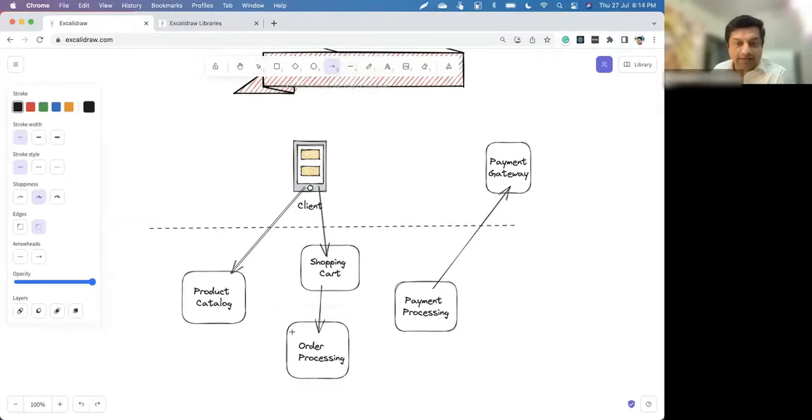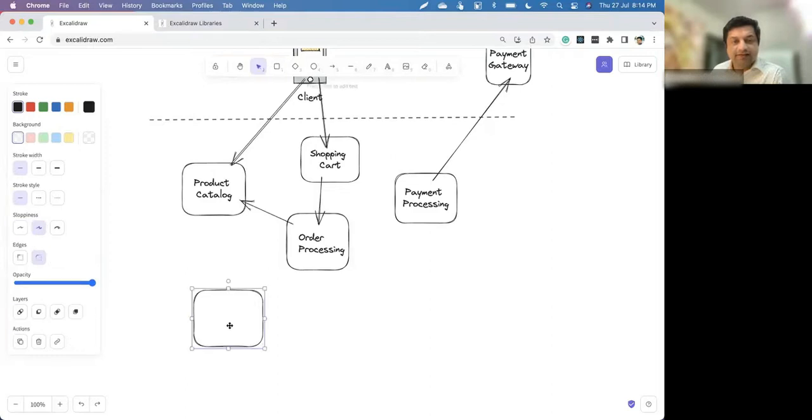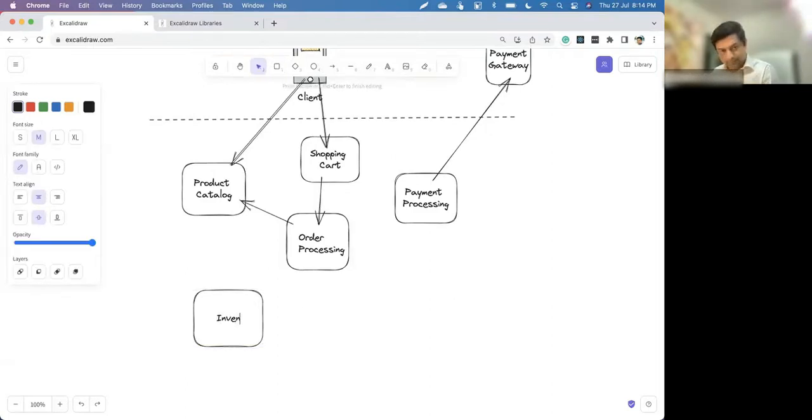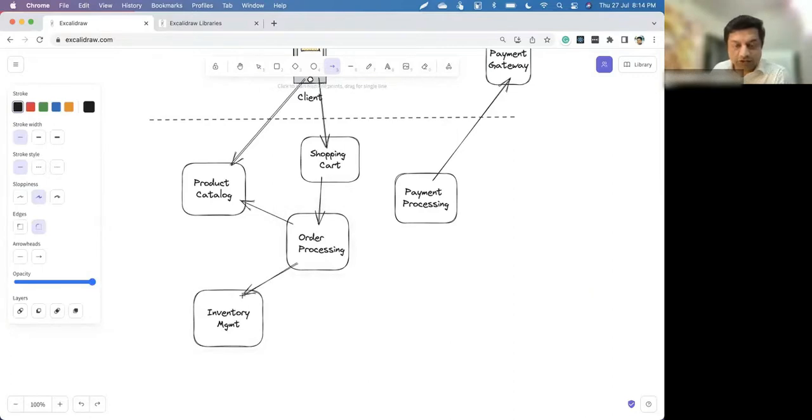Order processing may also be connecting to the product catalog to verify the product. Maybe there is another service, which is inventory management, right? This service may provide details about whether the item is in stock. You may get the product price from the product catalog service.